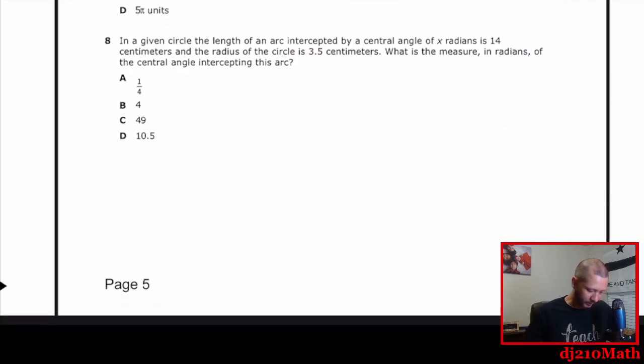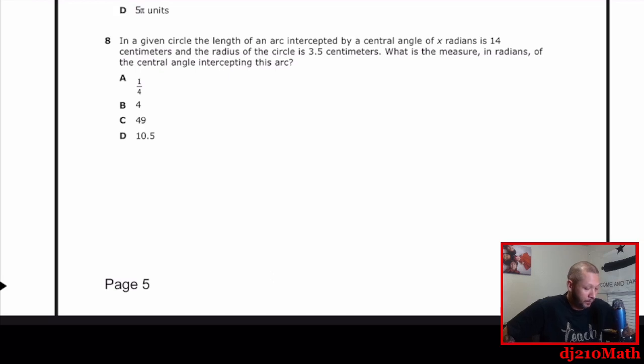Okay. In a given circle, the length of an arc, so arc length, intercepted by a central angle, so of x radians. So the angle is the unknown. We don't know what the angle is. And 14 is the arc length. So kind of reading this, you got to be very careful.